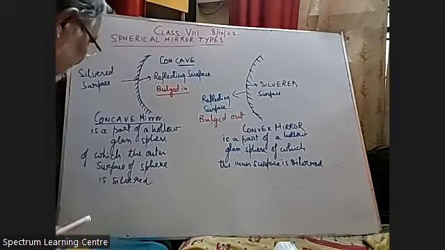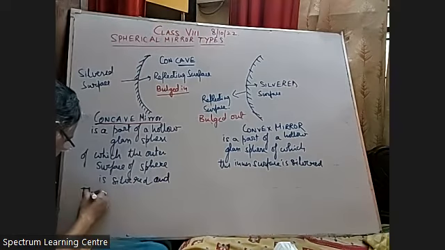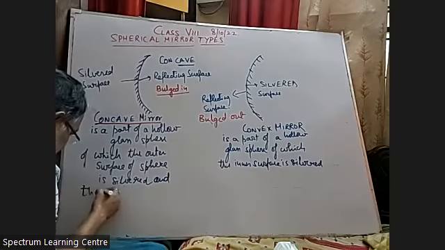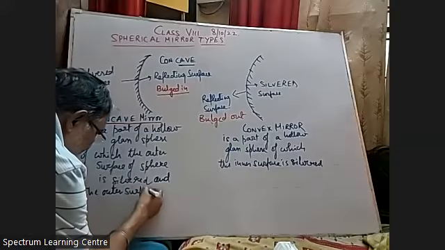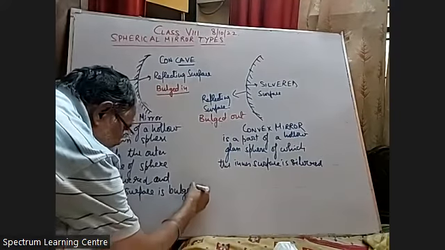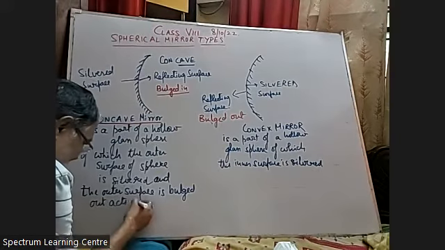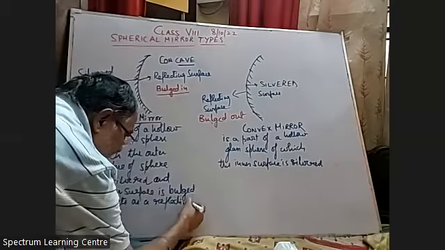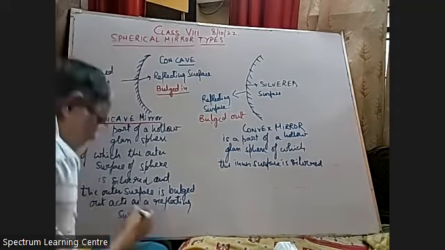So here the outer surface is bulged out and acts as a reflecting surface. So the same thing will be written here also.